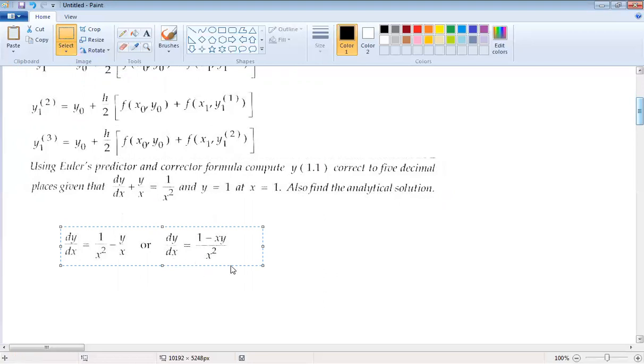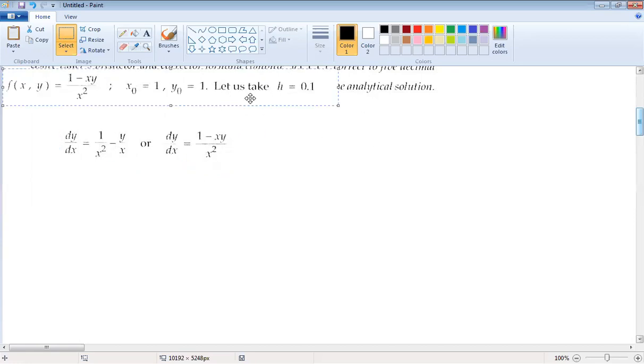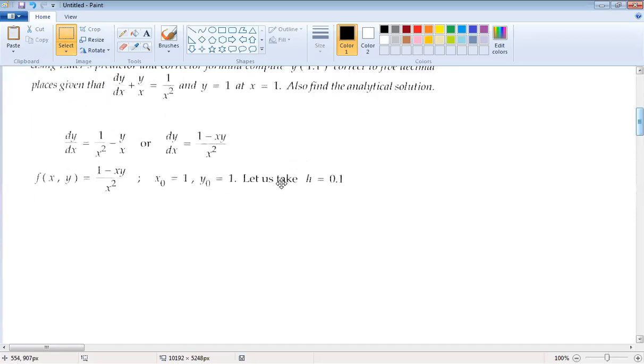And if we take LCM and simplify, we get dy by dx is equal to 1 minus xy by x square. So dy by dx is our f of x comma y.